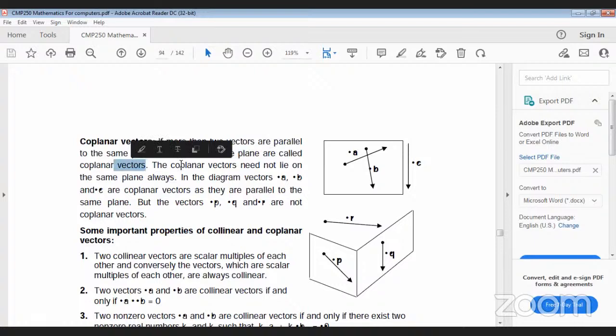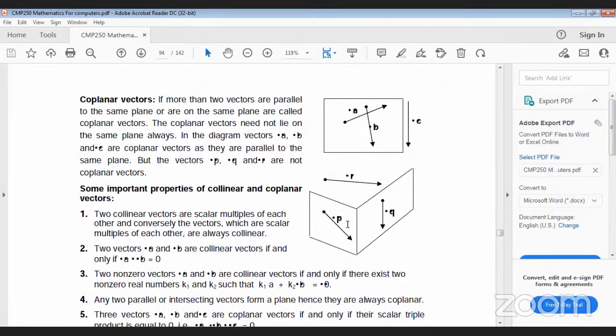The coplanar vectors need not lie on the same plane always. See, in the diagram, A, B, C are coplanar vectors. Why are they saying this? Because they are parallel to the same plane. Even if they are intersecting here, to the plane they are parallel. You can see it.